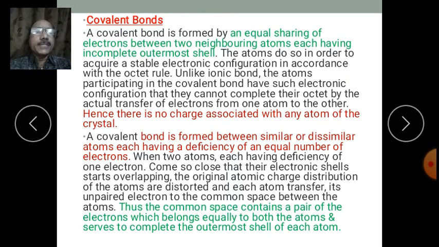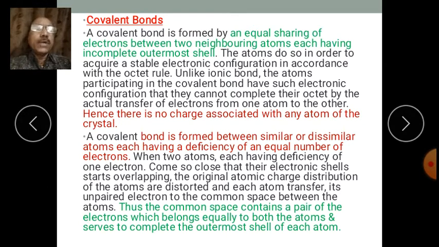When two atoms, each having a deficiency of one electron, come so close that their electronic shells start overlapping, the original atomic charge distribution of the atoms is distorted and each atom transfers its unpaired electron to the common space between the two atoms, isn't it?